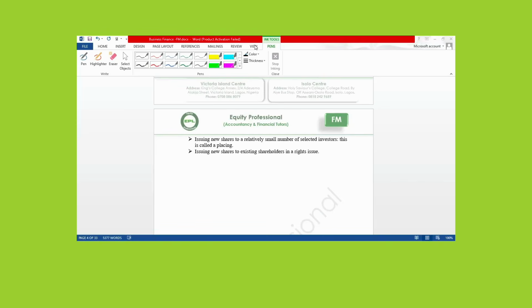Placing is issuing new shares to a relatively small number of selected investors.